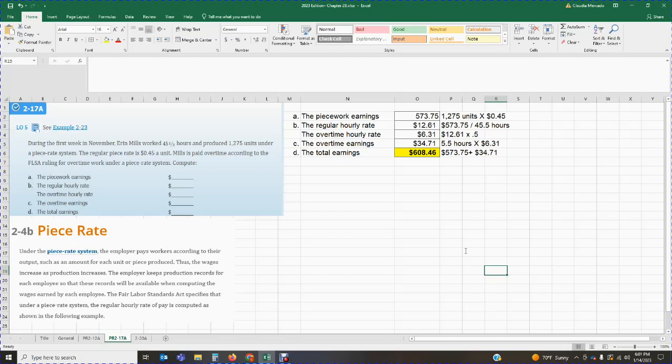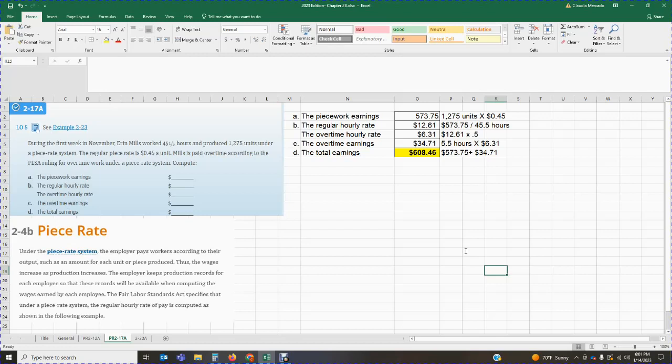To calculate our overtime rate, we take our regular hourly rate times 0.5. That will give you your overtime hourly rate. Once we get our overtime hourly rate, we calculate any hours over 40. In this case, we had 5.5 hours, and we multiply it by the overtime hourly rate calculated. That will give us the overtime earnings.